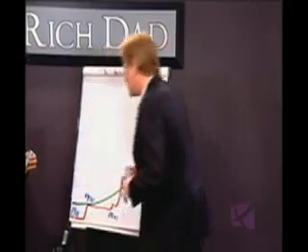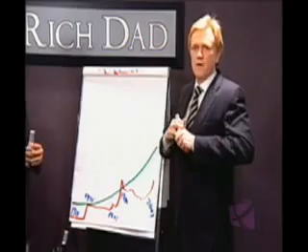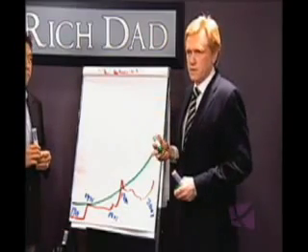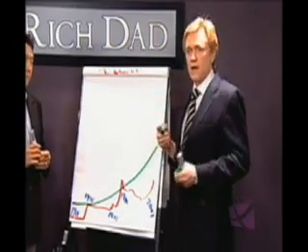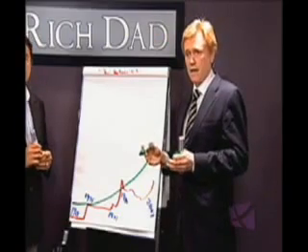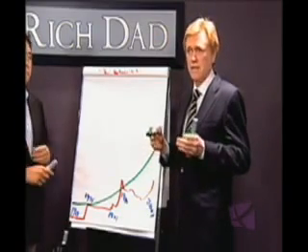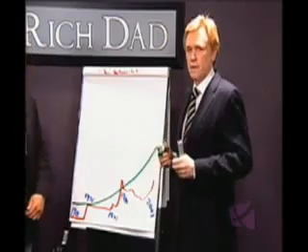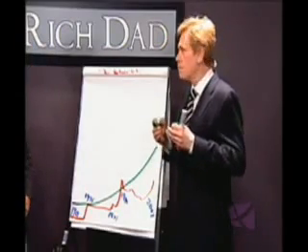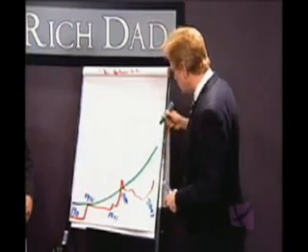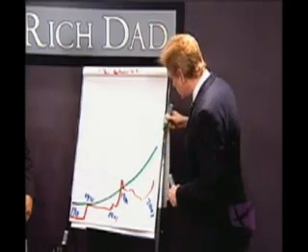Now, here comes the big news. In September of 2008, they bailed out Fannie Mae and Freddie Mac, the government-sponsored entities that backed all of these mortgage-backed securities. They purchased the mortgages from the banks, and then they were bundled up and sold.